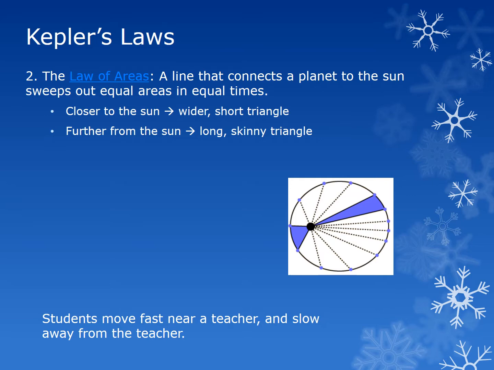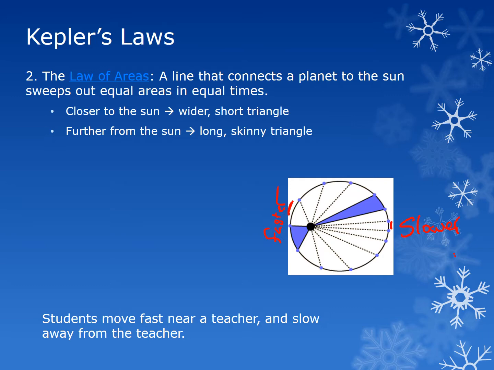Planets do not move at a constant speed all the way around the sun. They go slower when they're away from the sun, and they go faster when they are closer to the sun. So when they are further away from the sun, the amount of distance they travel is not the same as when they're closer to the sun.